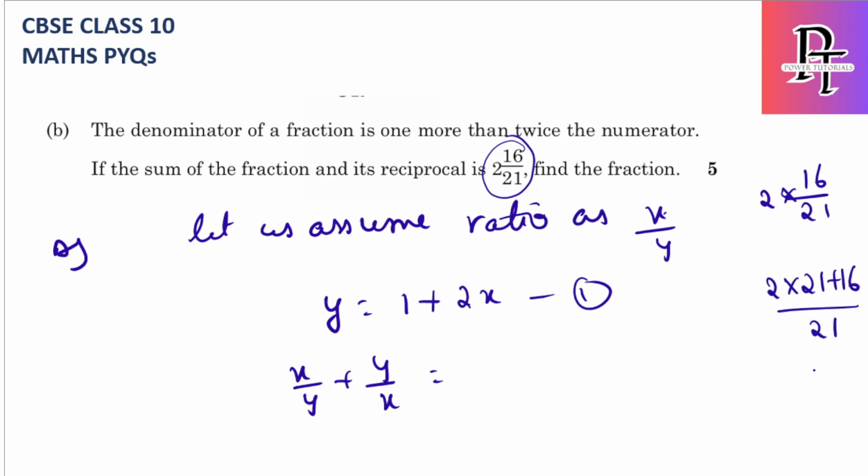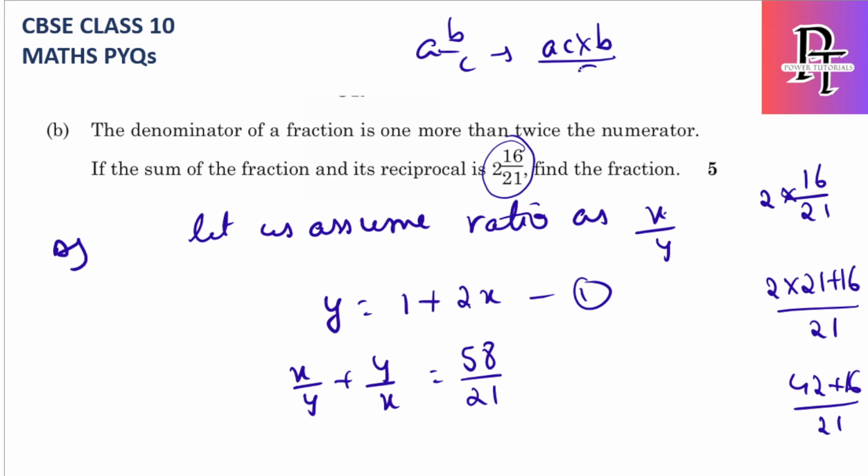Okay, it is 42 plus 16 by 21. So this becomes 58 by 21. Always remember, if it is a b by c, you have to write it as (a into c plus b) by c. So here it is 21 into 2, which is 42. 42 plus 16 is 58 by 21.